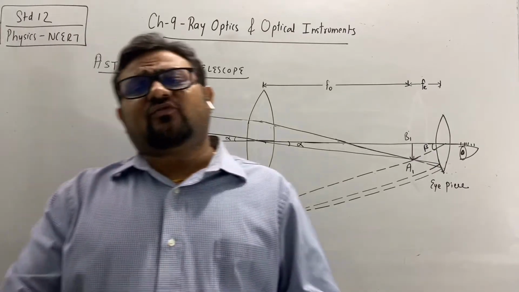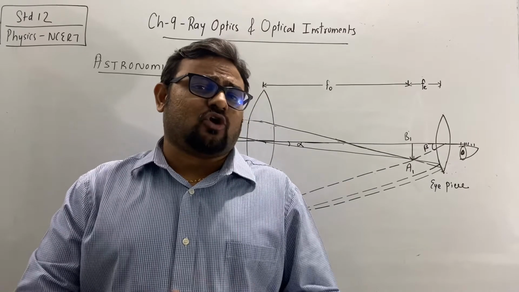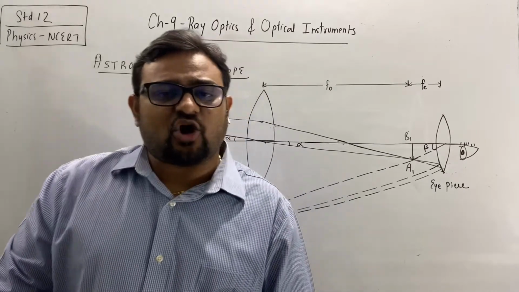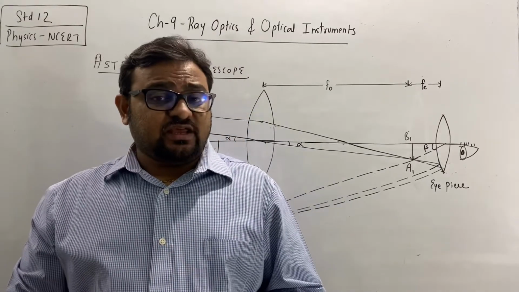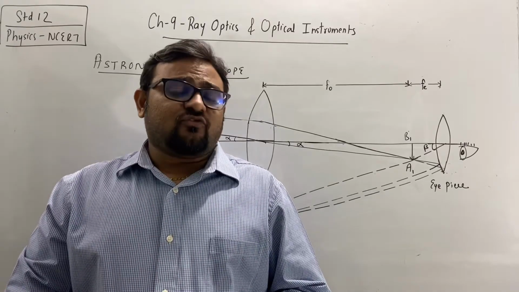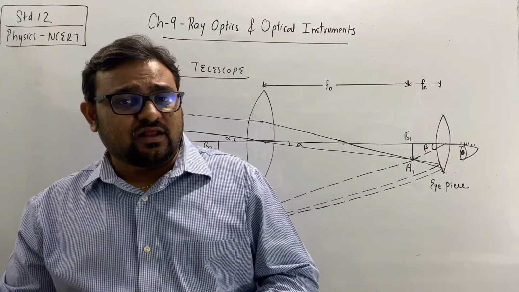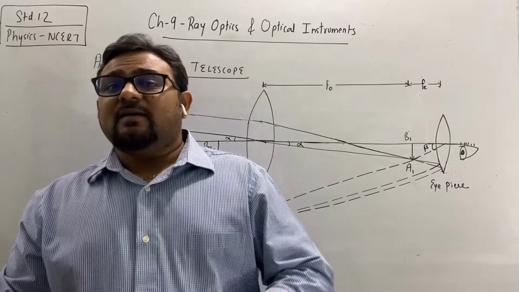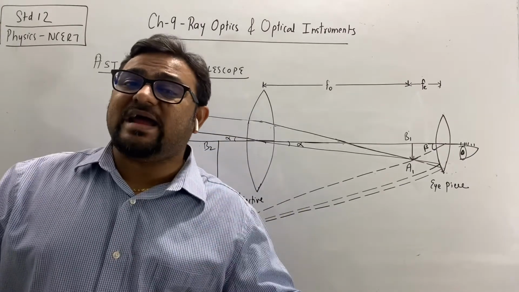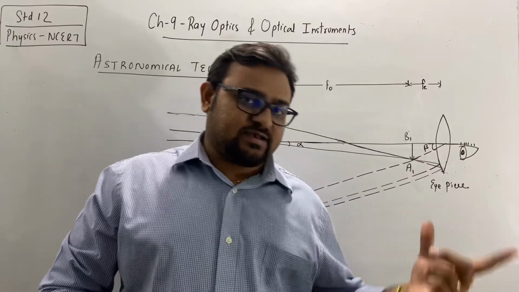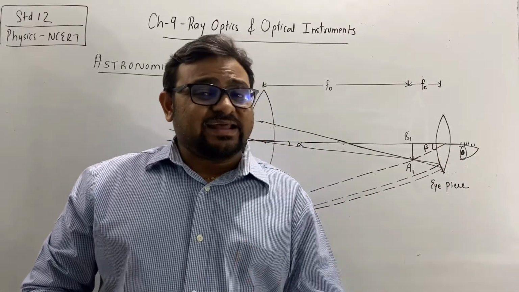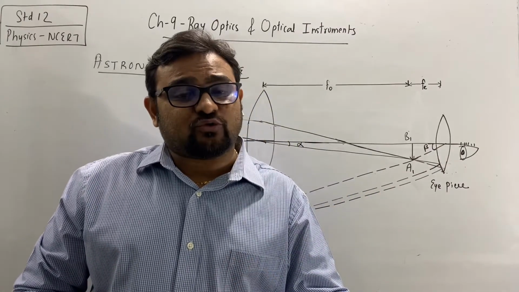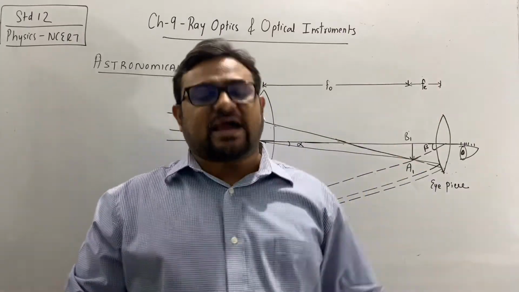The use of an astronomical telescope is to observe celestial objects. The image formed by the astronomical telescope is not magnified compared to the object, but it is magnified compared to the object seen by the naked eye.